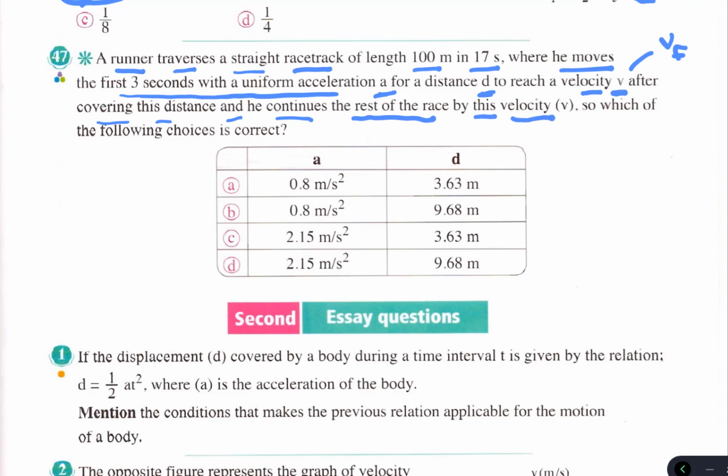So the first 3 seconds moving with uniform acceleration, the rest means 14 seconds from the 17, move by velocity V. So which of the following choices is correct for A and D?